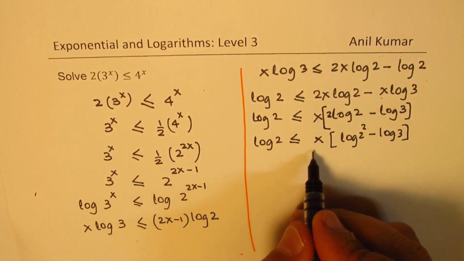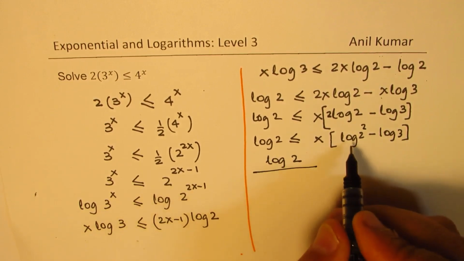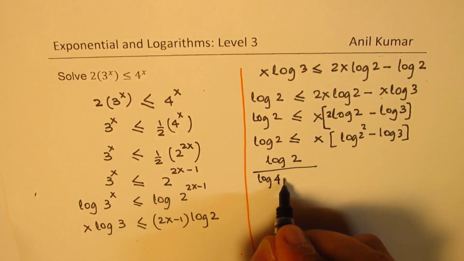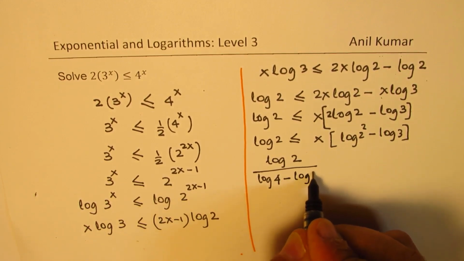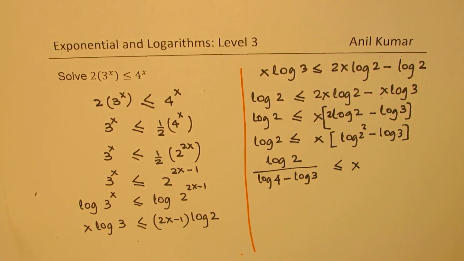So we can get the value of x as log of 2 divided by, 2 squared is 4, so we could write this as log of 4 minus log of 3. Is it clear? And the value of x should be greater than or equal to this value. Okay. So that becomes the solution.